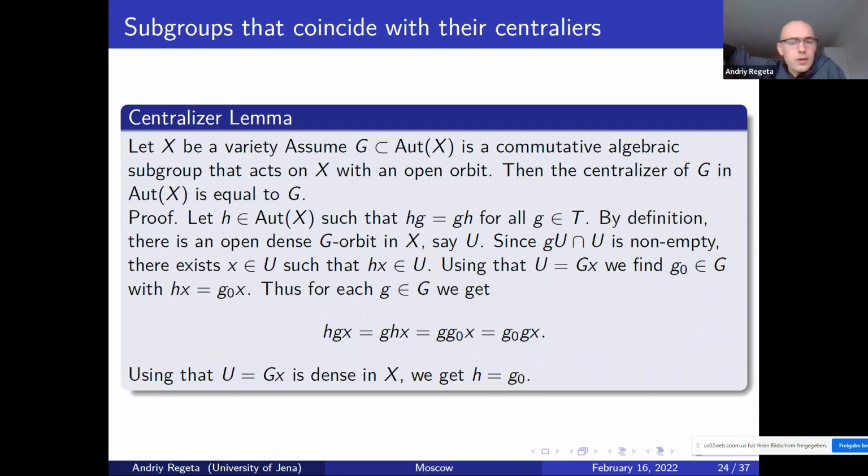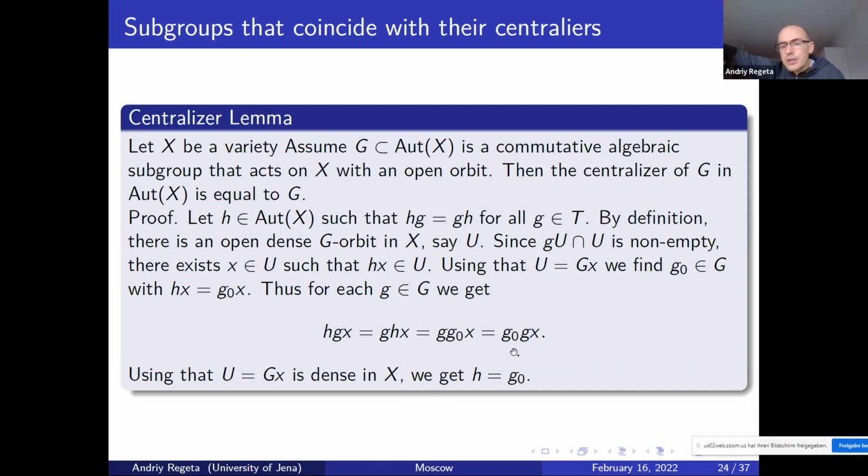Using that U is Gx, we find some element g naught inside of G with Hx equal g naught x. Thus, for each g inside of the group G, we get that Hgx equals gHx, well, because H is in the centralizer of G. Further, it is equal to g naught x, because of this equality, Hx coincides with g naught x.